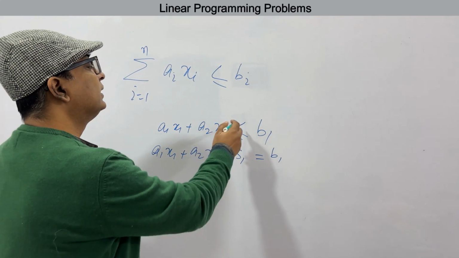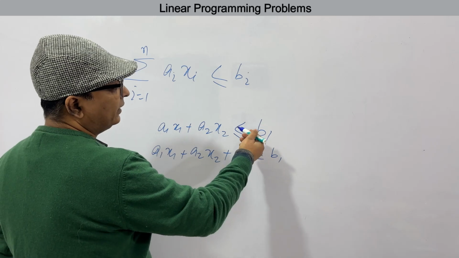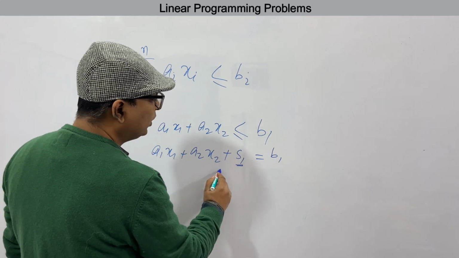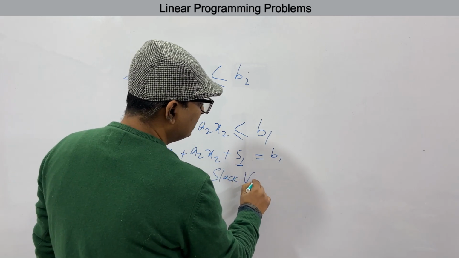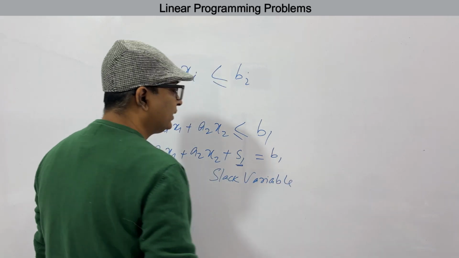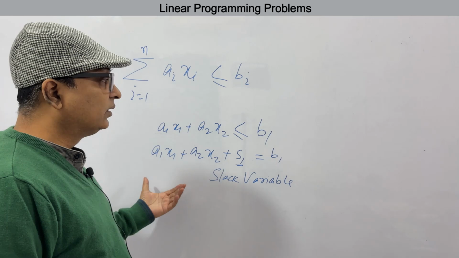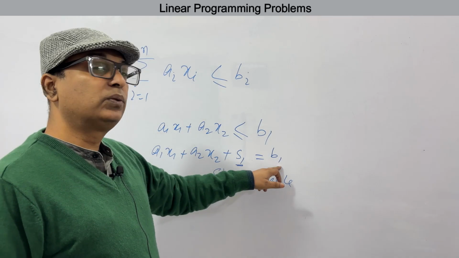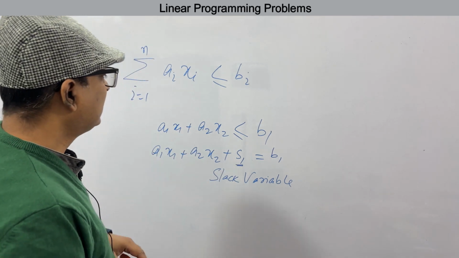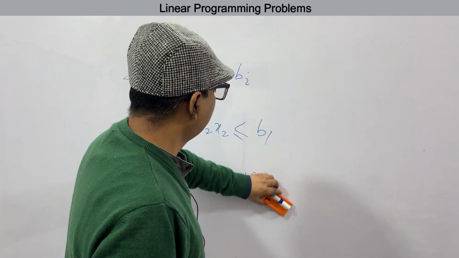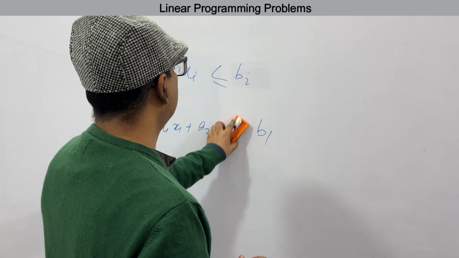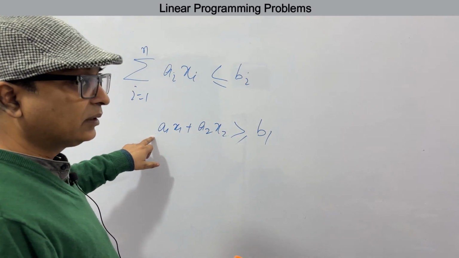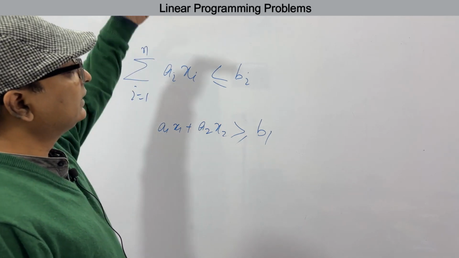Clear? So a less than equal to inequality can be transformed into an equation, that is equal to, by adding a variable which is called slack variable. Slack variable is a variable that can be added to the left hand side of a less than equal to inequality, so that this side is now equal to this side. This is slack variable. And in case of an inequality which is greater than equal to, this means it is always greater than this side, or at the least equal to it.